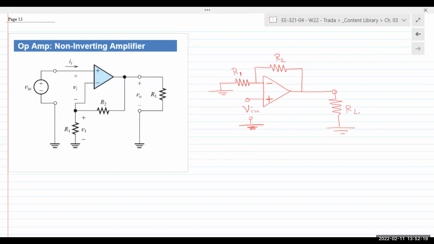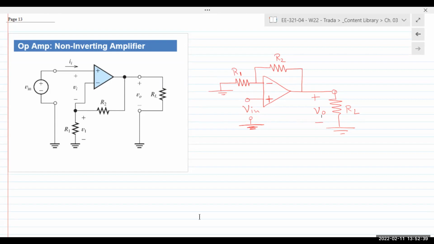The negative terminal is still on top. We got R1 and R2, except this time we ground R1 and we apply the input to the non-inverting terminal.